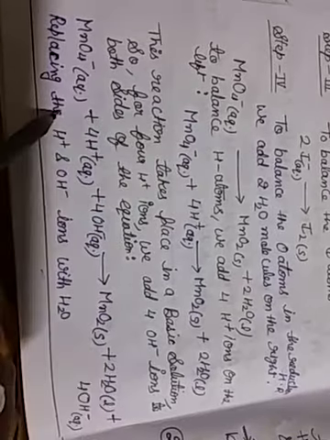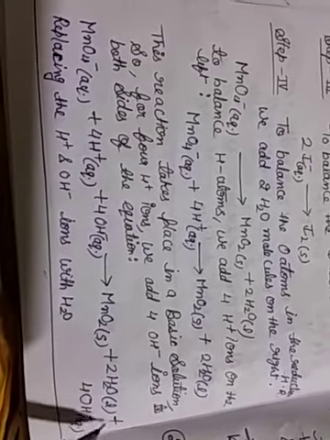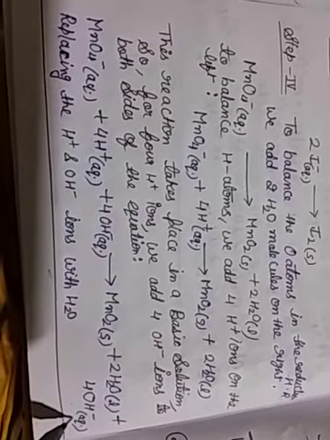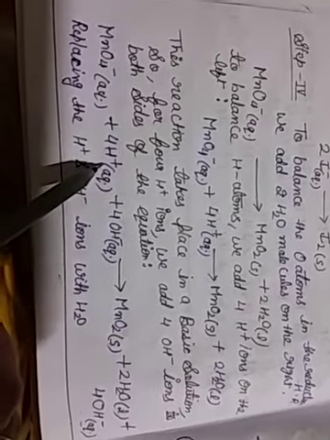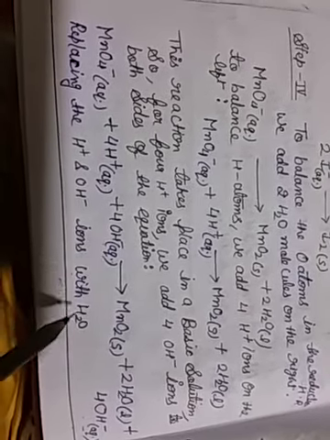MnO4 minus plus 4H plus plus 4OH minus gives MnO2 plus 2H2O plus 4OH minus. On the left hand side, H plus ions and OH minus ions combine and give water, so 4H2O.